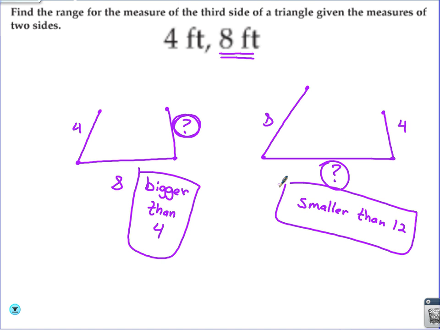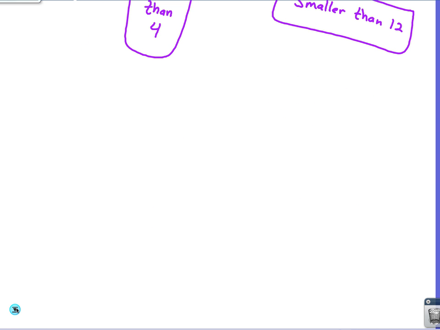Let's go back and talk some algebra. The third side of this triangle, and I don't care what you call it, if you want to call it side C, if you want to call it third side, I don't care. But it needs to be bigger than 4. I'm going to say it's x. That third side x needs to be bigger than 4. How do I write that? Actually, let's do the smaller than 12 first, because that's pretty easy.